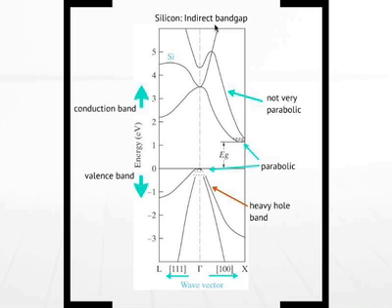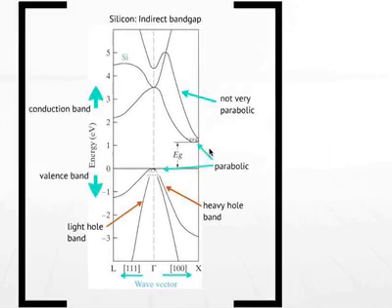You can't use the simple assumption. In the valence band, you see two valence bands which roughly have the same energy, and they have two different curvatures. You have what's called a heavy hole band, so it's a little bit heavier because you have a lower radius of curvature, and then you have a light hole band, which is a larger radius of curvature.